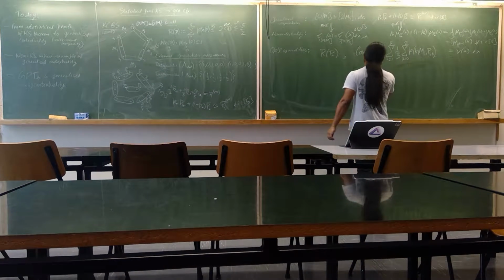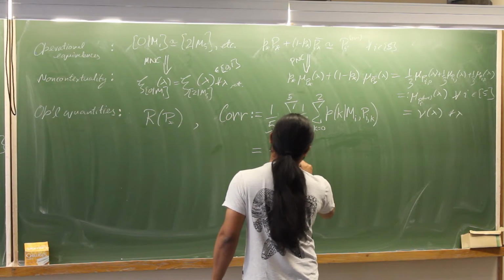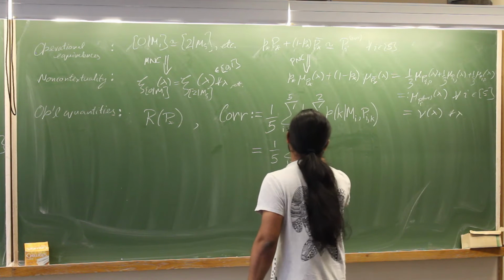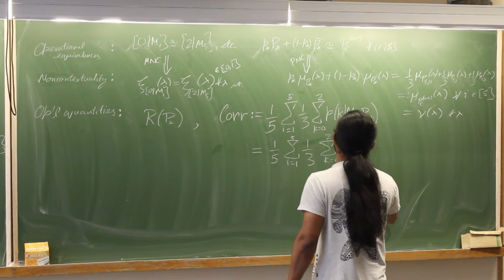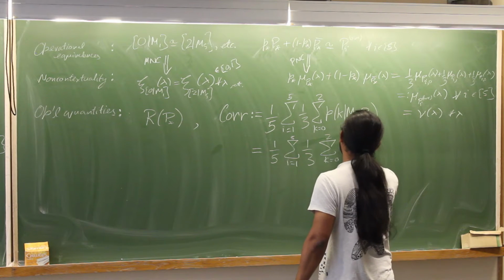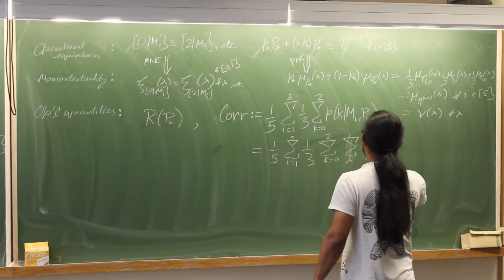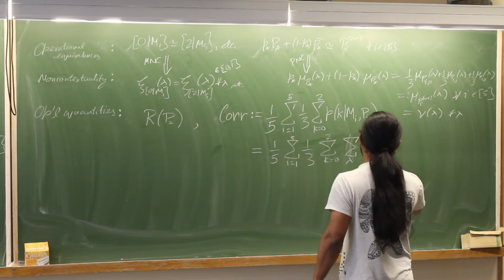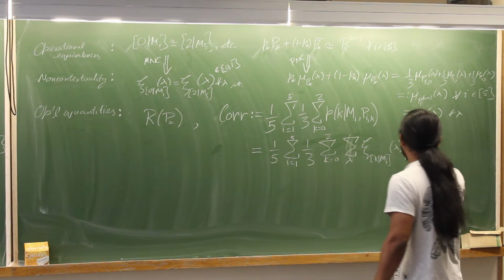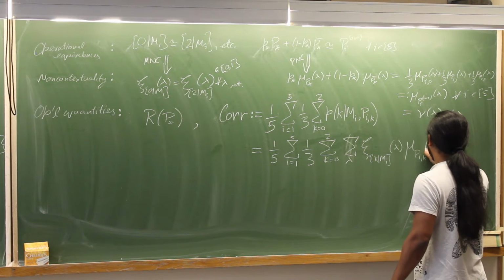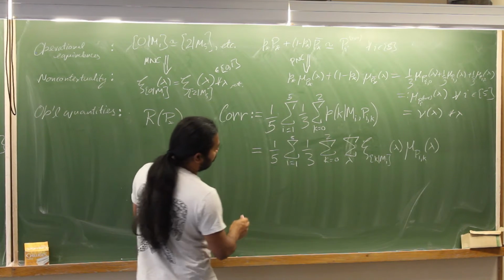So if I want to write this in an ontological model, then the probabilities will look like the sum over lambda of the probability of k given mi and lambda, times mu of pi k, lambda, like that, right?